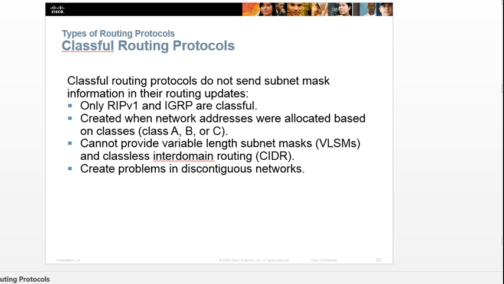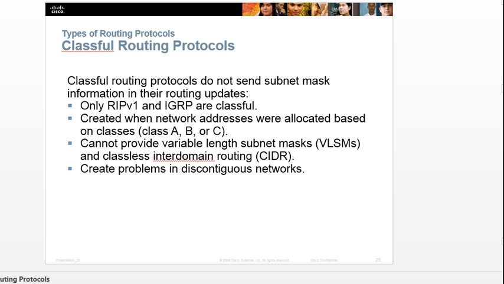So classful routing protocols do not send subnet information along with their routing updates. Only RIP1 and IGRP are classful. It is important to remember that's one of the reasons these are obsolete, is because we really don't run classful networking anymore.